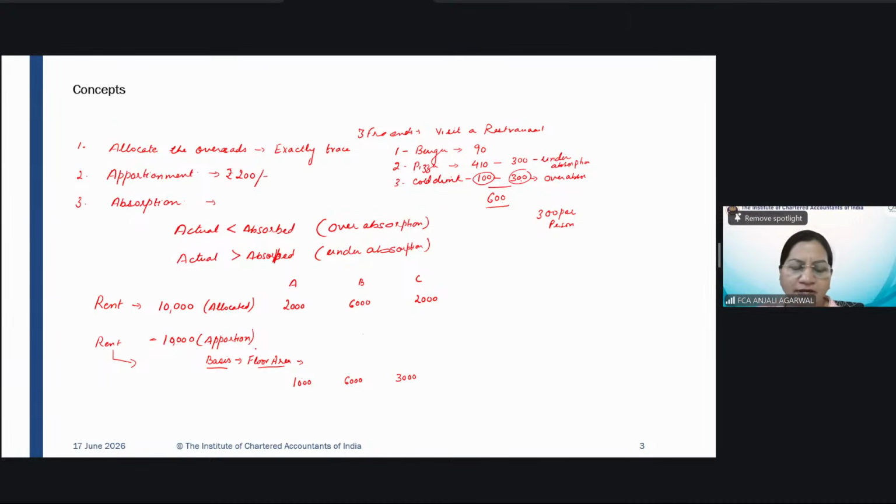Any expense will have some reasonable basis on which you will be apportioning it. Rent has floor area. If there are light or electricity, then there could be light points. If there is power, you may have a reasonable basis as the horsepower of the machines.